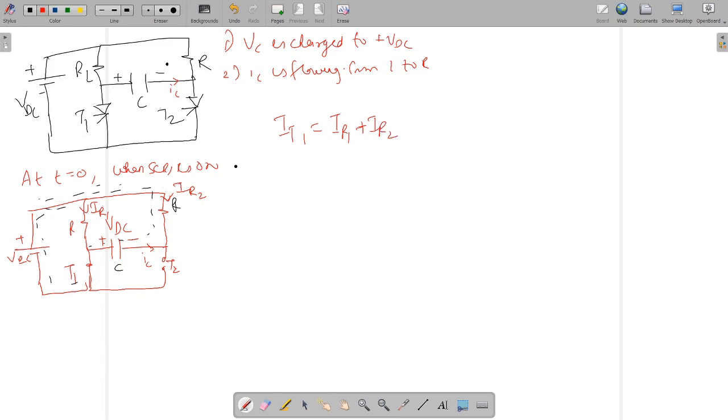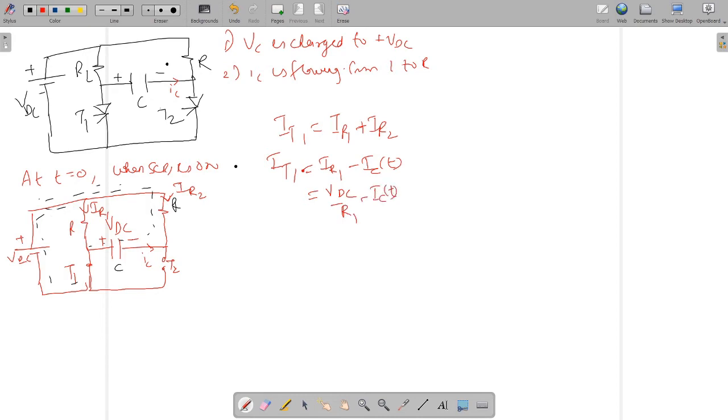It means IR2 is opposite to that of IC. So IT1 can be written as IR1 minus IC of t. Now you can write IR1 simply as voltage upon resistance. There is only voltage and the resistor. So this one you can write as VDC upon R1 minus IC of t.